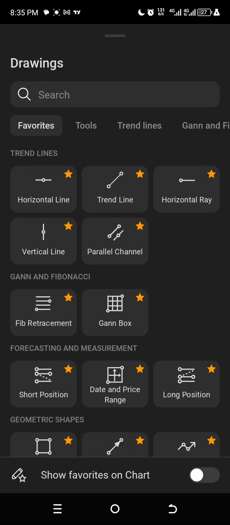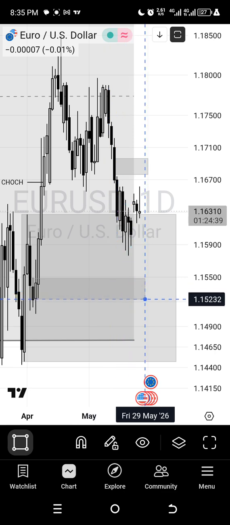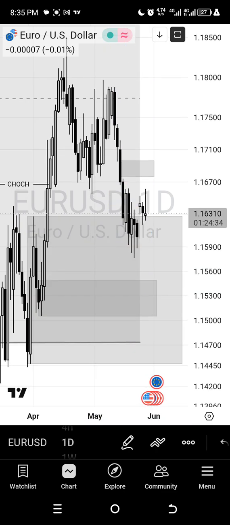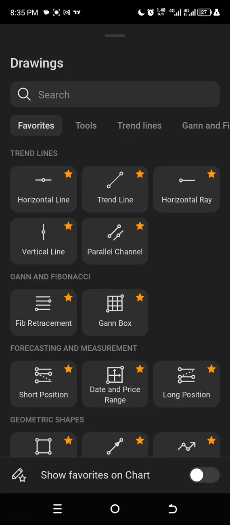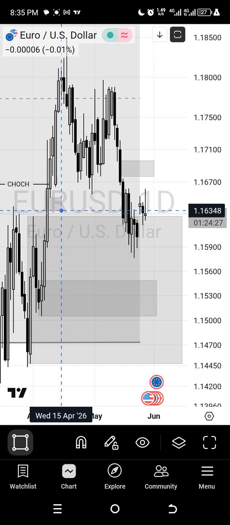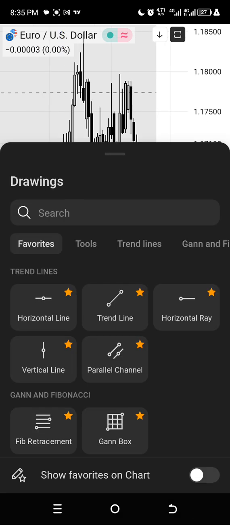Looking at it, we have this other block here on the daily time frame, and then we also have this fair value gap above here, and we also have this fair value gap above here.